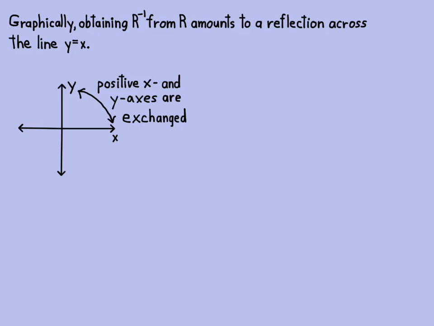If you're switching the x and y coordinates, then on your graph you're switching the x and y axes. And the way you're switching them is so that the positive x-axis and the positive y-axis switch, right? Because if you had a first coordinate 1 in R, then that will be the second coordinate of R inverse.